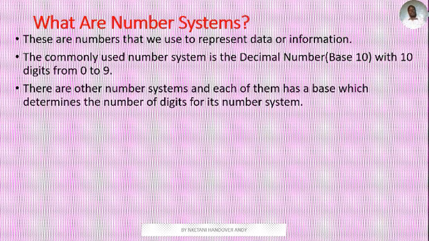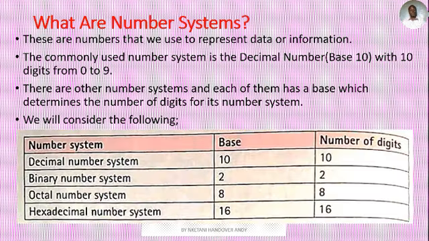Now there are other number systems, and each of them has a base which determines the number of digits in its number system. We will consider the following. The first one is the same decimal number, base 10, which has 10 digits from 0 up to 9.